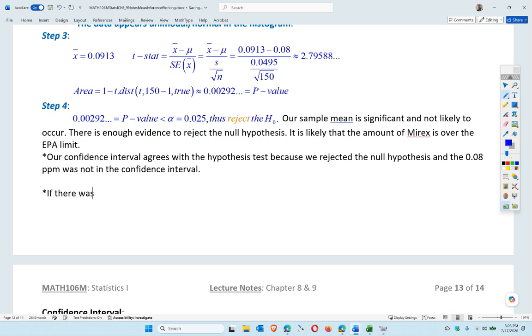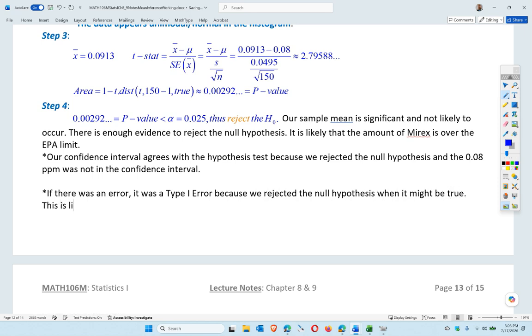So if there was an error, it was a type 1 error, because we rejected the null hypothesis when it might be true.